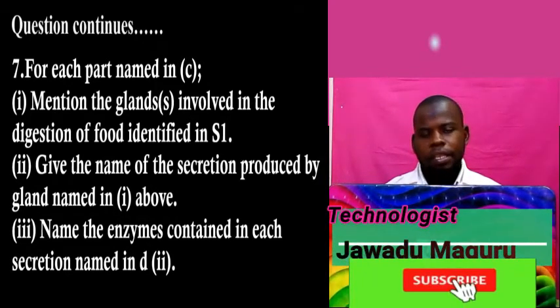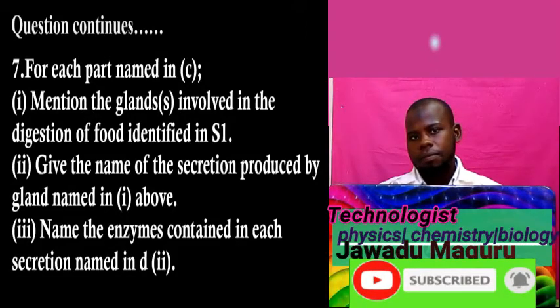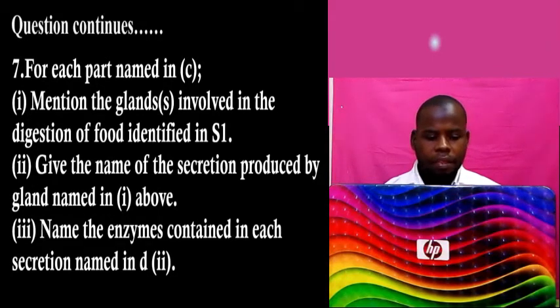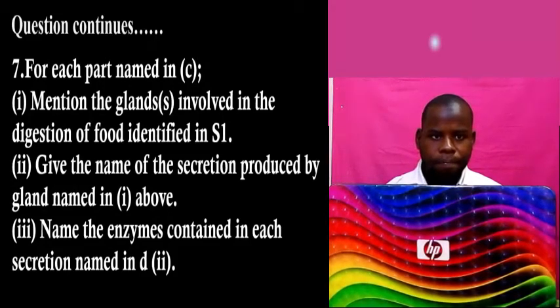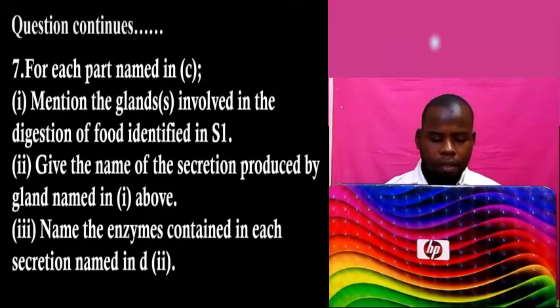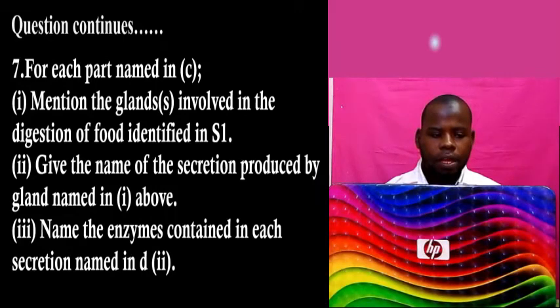The enzymes depend on the food identified or the food digested within a certain part. For protein, the enzyme in the stomach is pepsin. That is the meaning of the question. They need the enzymes in each secretion, in each part, for that food identified.